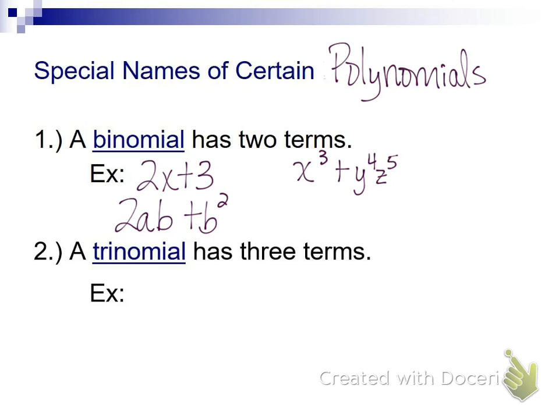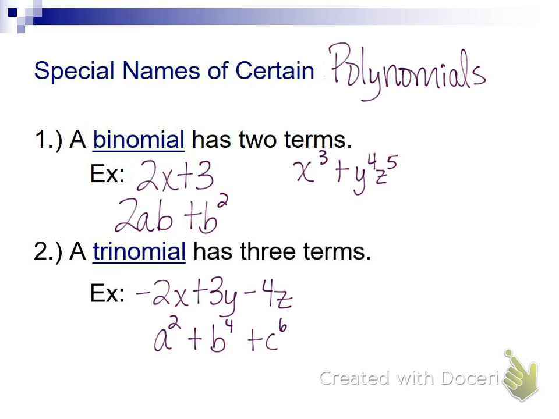A trinomial has 3 terms. So, negative 2x plus 3y minus 4z. 1, 2, 3 terms. Terms is usually another word we use for monomials. You could just have a squared plus b to the 4th plus c to the 6th.